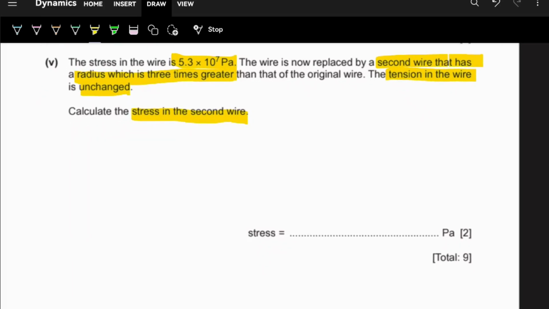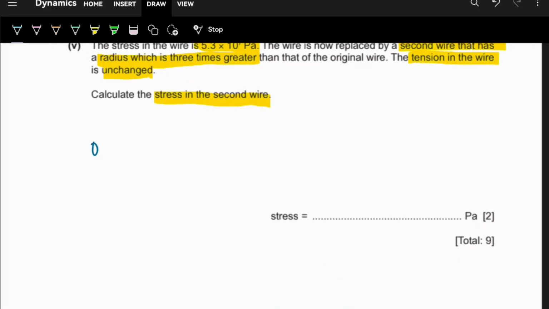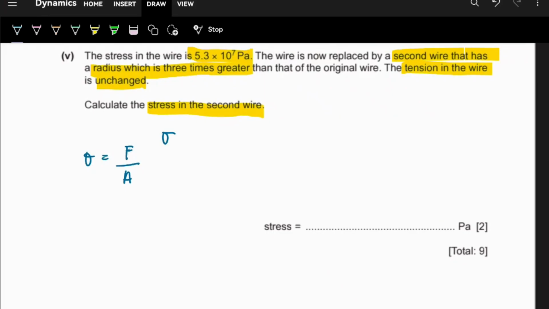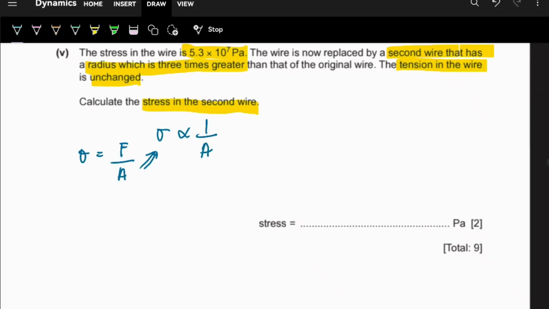Okay, this one we can use ratio. Ratio method is actually very easy when it comes to this type of question. We know stress is equal to force over cross-sectional area. Am I right? So we know the stress is inversely proportional to the cross-sectional area. The area of the wire is pi r square.